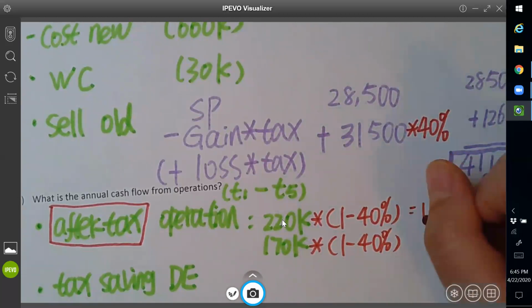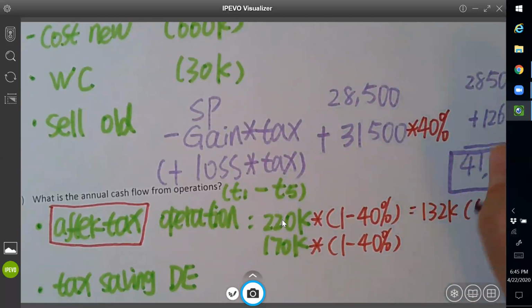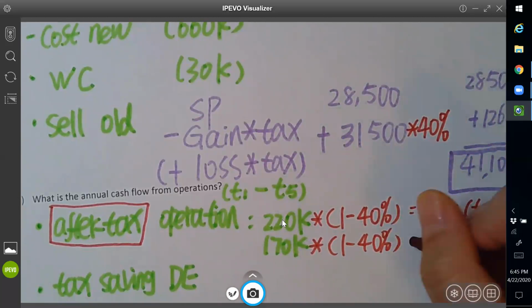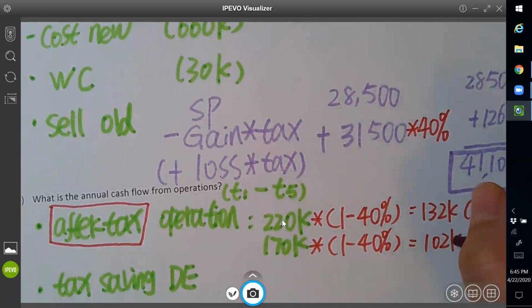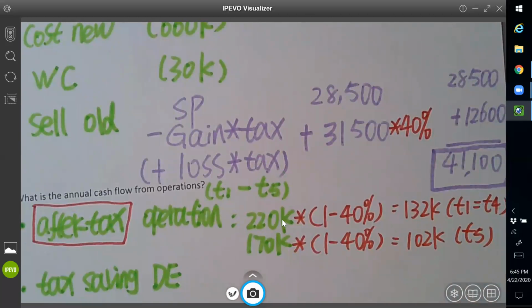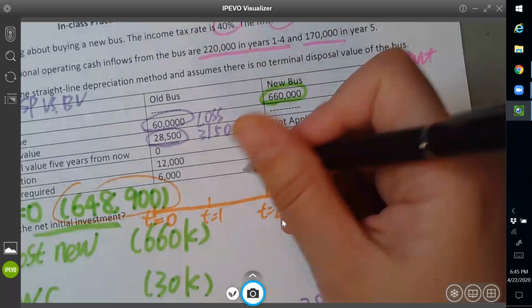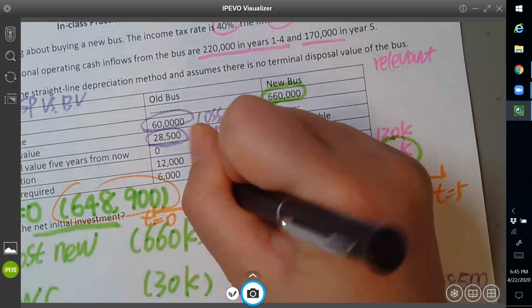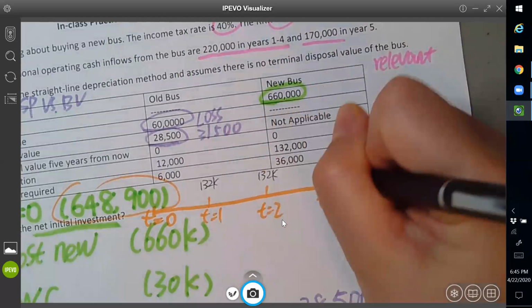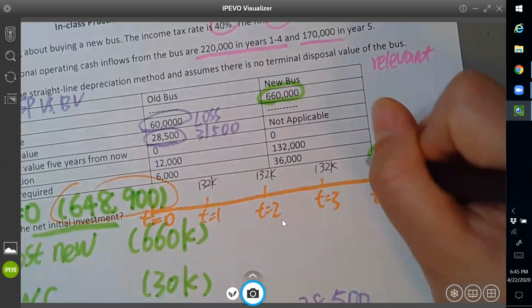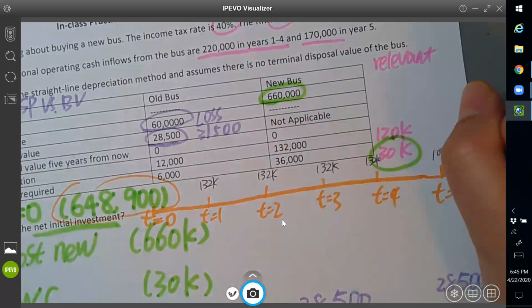So you have 132,000 from t equals 1 to t equals 4. And then you have 102,000 for the 5th year. This is after-tax cash flow from operation: 132,000, 132,000, 132,000, 132,000, 102,000.